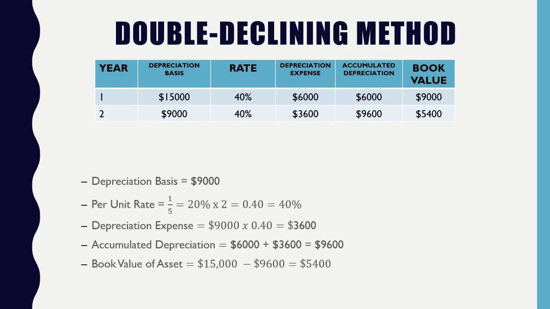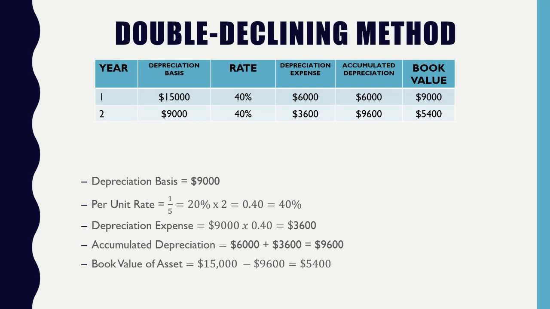Same thing goes here, but this time again, we have a new depreciation basis. So we take this, and then you're going to multiply it by that 1/5 times 2, which gives you your 40%.